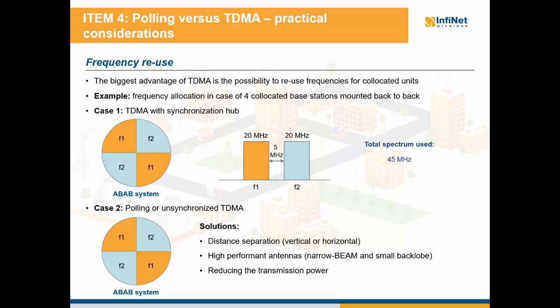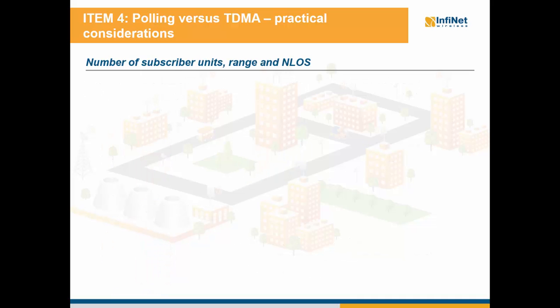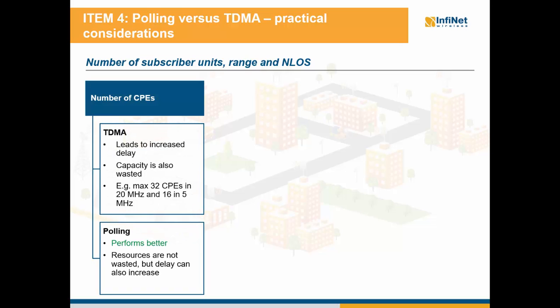Now let's have a discussion about the number of subscriber units, because it was a very frequent question that I received in the training sessions. In case of TDMA, the increasing number of CPEs means significantly increasing the latency. This is the major disadvantage here.